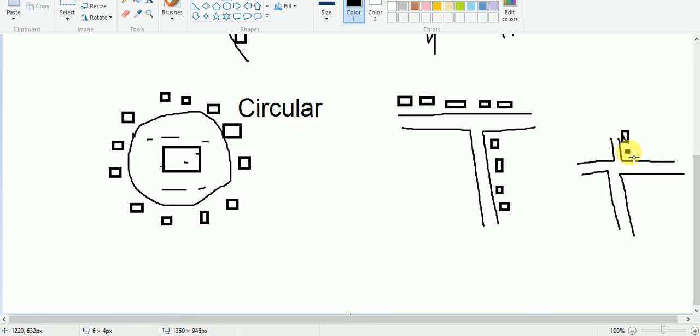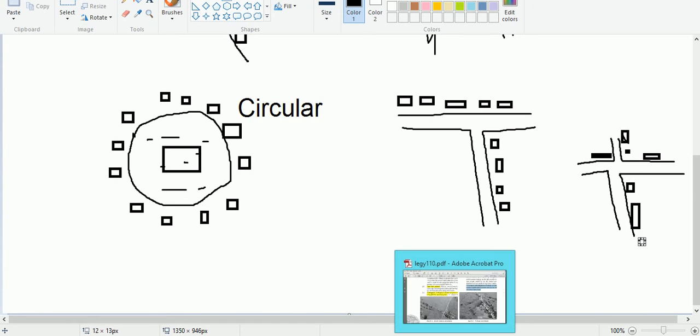Here houses are here, and here, and here it is also constructed along this road. So in all the four directions houses are extended, expanded. So this is for the cruciform cross shape.